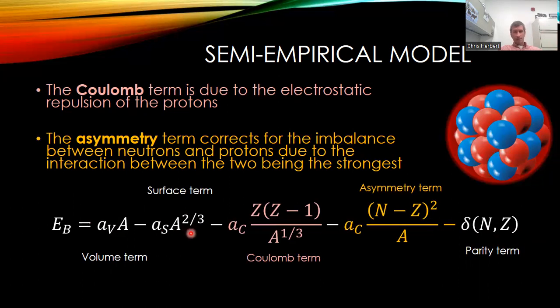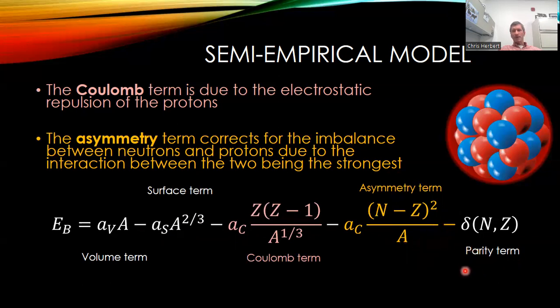Volume gets bigger faster than surface area. So this is a correction term. The protons are going to repel one another, so we've got to take that into account. And again, this almost quantum mechanical term right here also plays a pretty big role too.